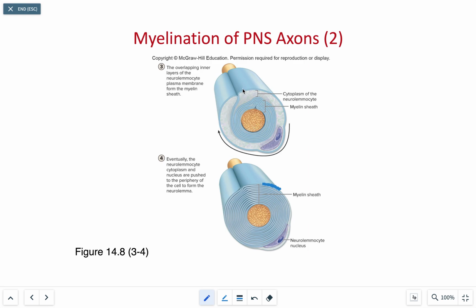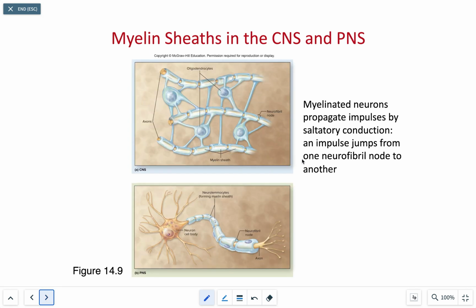As the process continues, the wrapping is going to squeeze out the cytoplasm, and then eventually the neurolemmacyte and the cytoplasm of the nucleus are all pushed to the outside, or the peripheral edge. And this is going to form this outer layer, or the most peripheral layer of myelin, called the neurolemma.